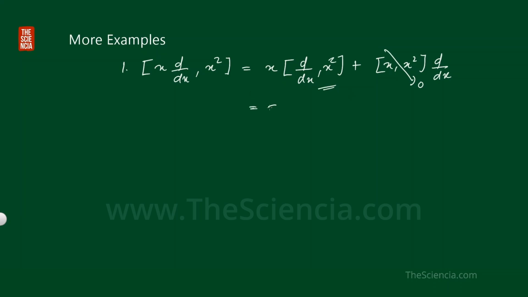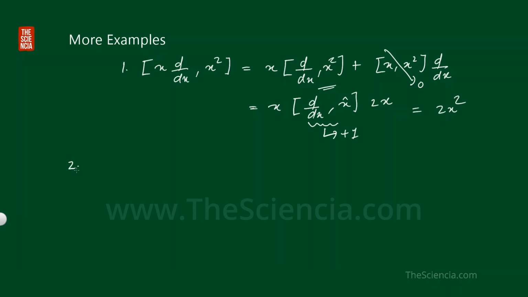That is equal to x into, here the order is d/dx comma x, into the derivative of this function, that is 2x, and we know the commutator of x̂ with d/dx is equal to minus 1. Now it is reversed, so this will be equal to plus 1. So we get this is equal to 2x².